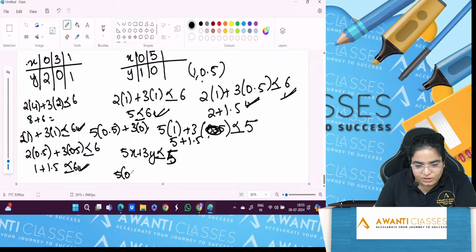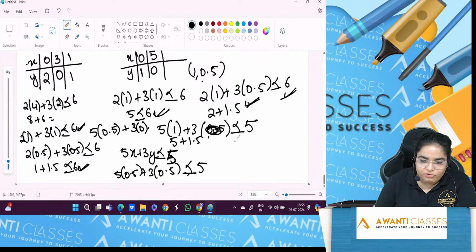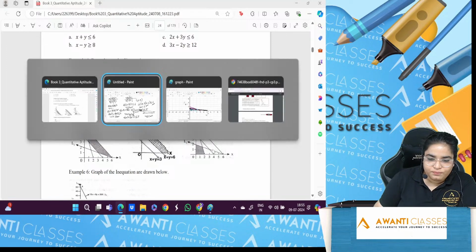So 5 into 0.5 is 2.5, plus 3 into 0.5 is 1.5, less than or equal to 5. 4 is less than or equal to 5, satisfied.